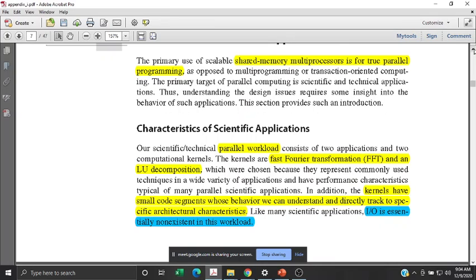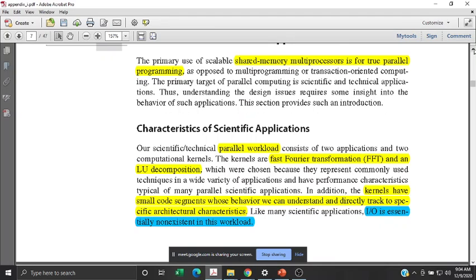So he has taken a few applications: FFT, LU, and the two kernels, as well as two applications. One is with respect to the prediction of the evolution of a galaxy, and the other is with respect to ocean currents. I feel I do not have a sufficient mathematical background to deal with those algorithms, whatever applications he has taken.